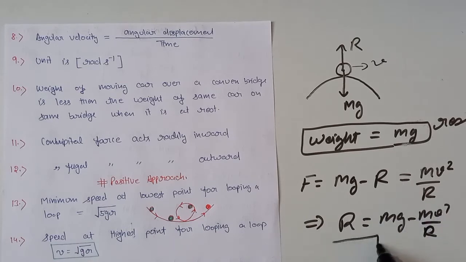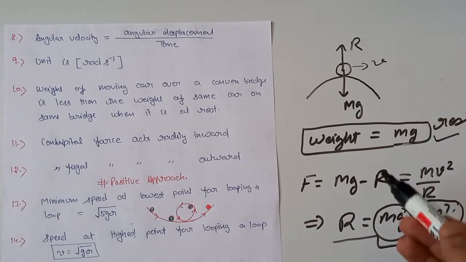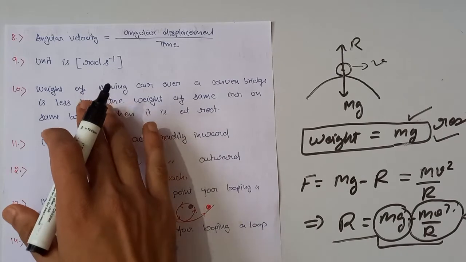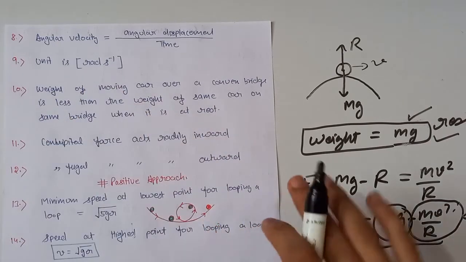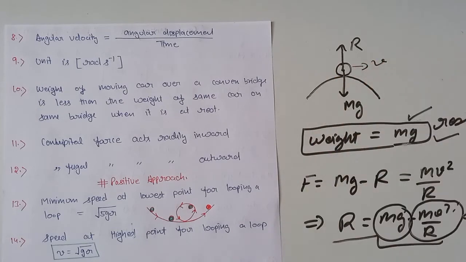Here you see that there is some factor subtracted from its weight, so it is clear that the weight of a moving car on a convex bridge is less than the weight of the car at rest, because when the car is at rest its weight is mg, and when it is moving on this convex path its weight is mg minus mv square by r. So this is less than mg. I hope this concept is clear to you. Why is the weight of a car on a moving convex bridge less than the weight of a car on this bridge at rest?